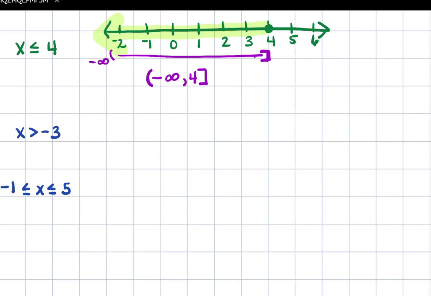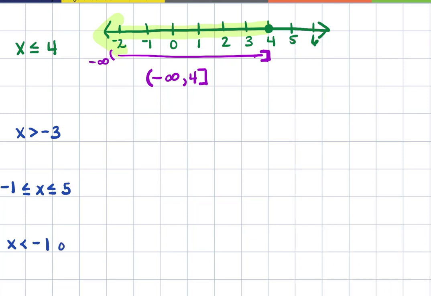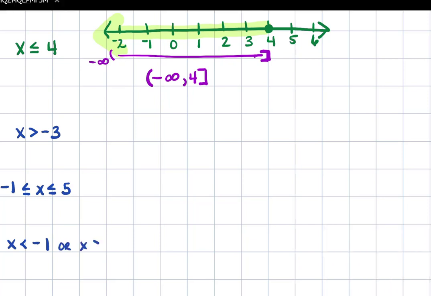And let's try one more. Let's do x is less than -1, or x is greater than 2. So see if you can write these out in interval notation.